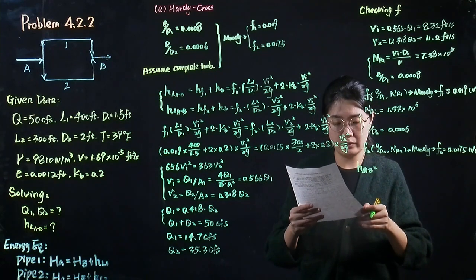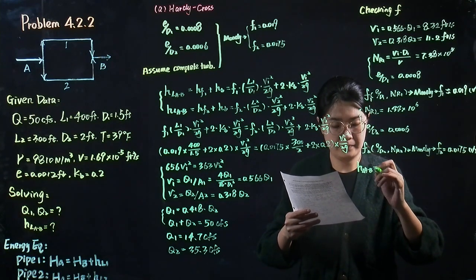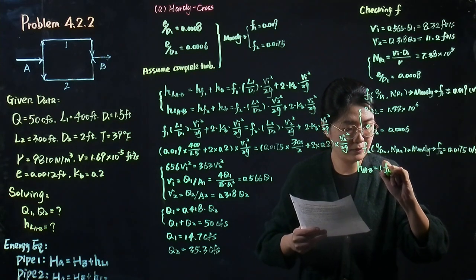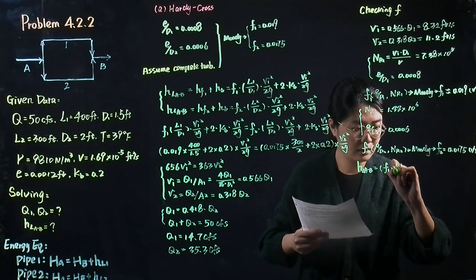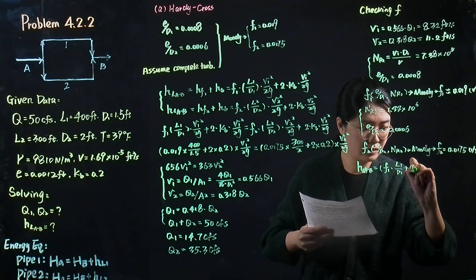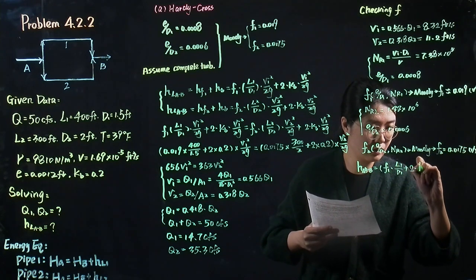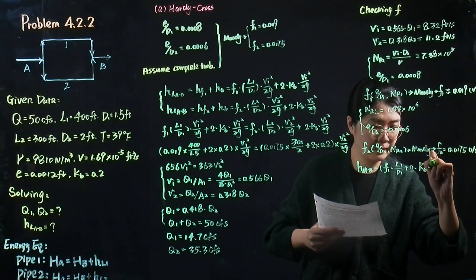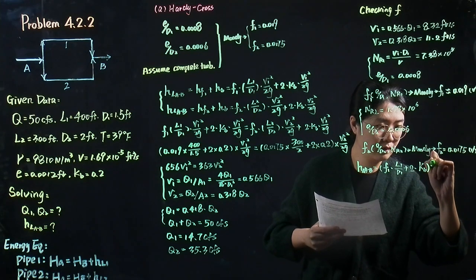It equals friction factor times length over diameter plus 2 times the coefficient, times the velocity head.